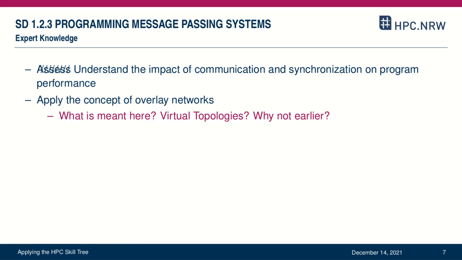Because I think virtual topologies are actually an interesting abstraction in MPI, and that should be something that should come rather earlier than later. I think part of the expert knowledge would then be how to tune for that, how to map the virtual topology to the hardware topology of your system.